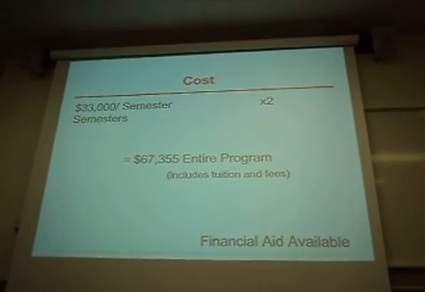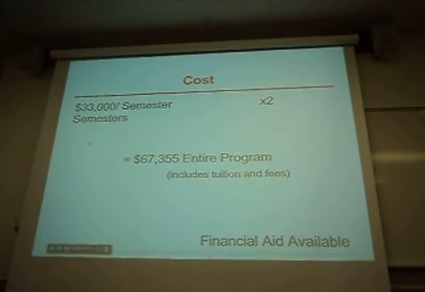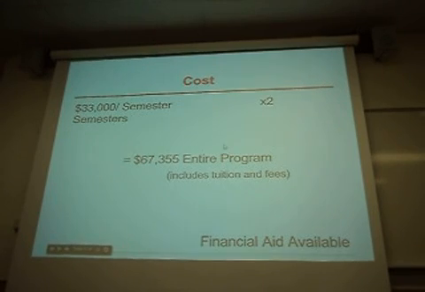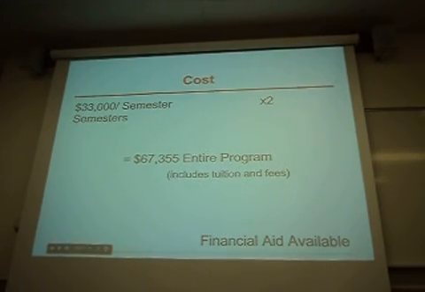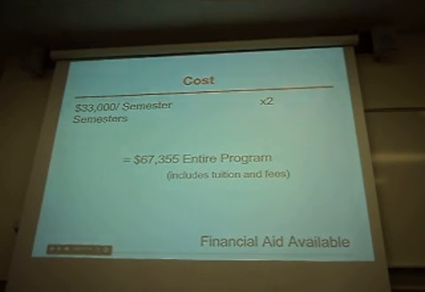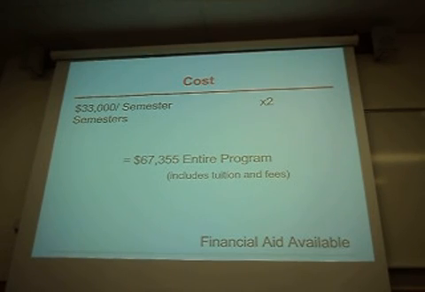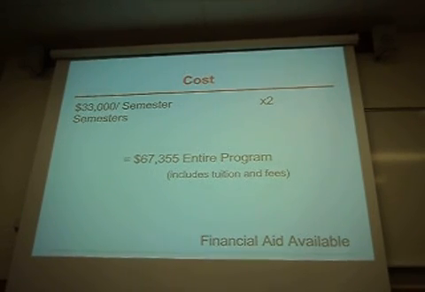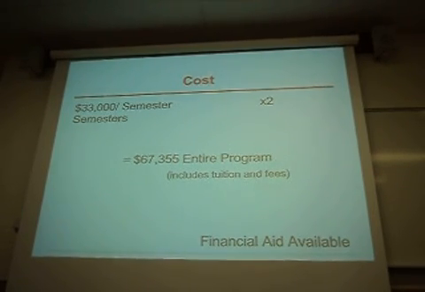So the cost is $33,000 per semester, 2 semesters. Well, that should be years. Sorry, per year. 2 years. So it's $67,300 for the entire program, and that does include the fees and, you know, like you need to buy a lab coat, you need to buy all the books, a stethoscope, whatever.